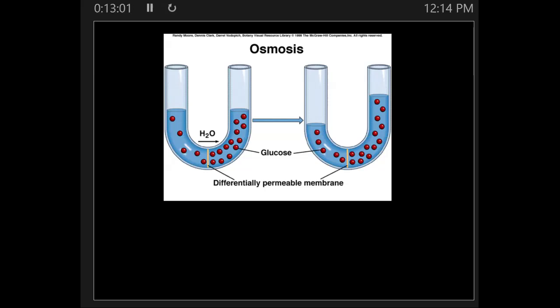So you do have pressure forces, standing water, or in this case, glucose solution. The higher it goes, the more the water courses over there, the higher the pressure pushing back against that membrane, until it will reach a point where you're not going to get any more water movement because the pressure is too much.